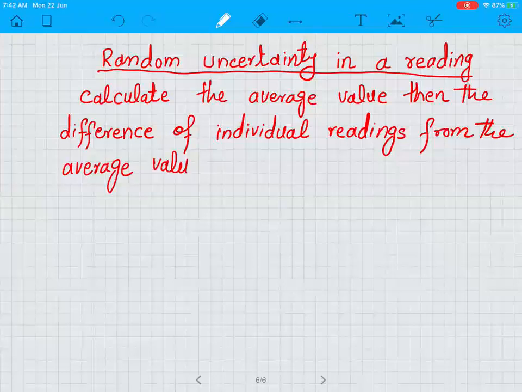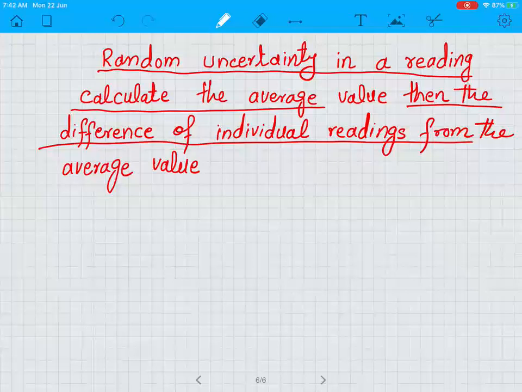So first step is calculate average. Then calculate the difference of individual readings from the average value. These are called deviations.